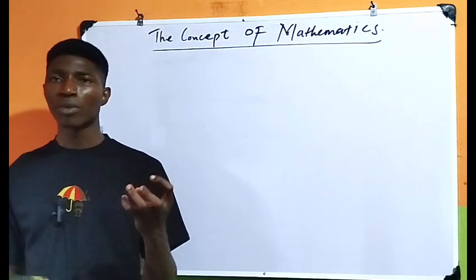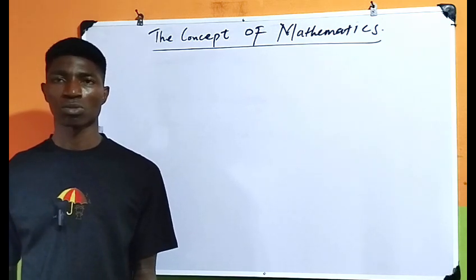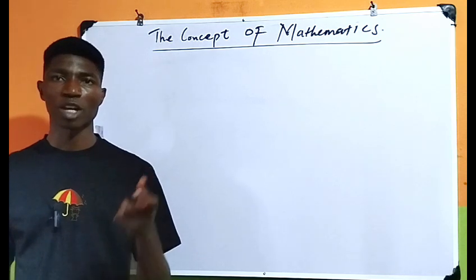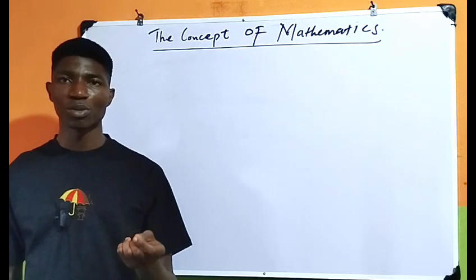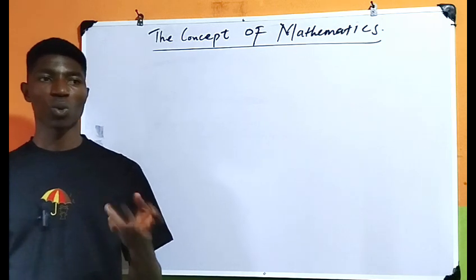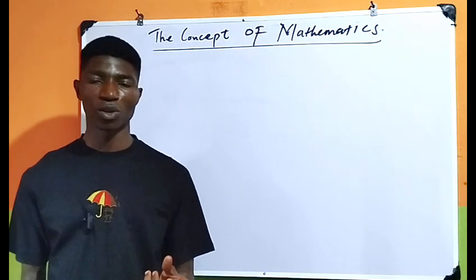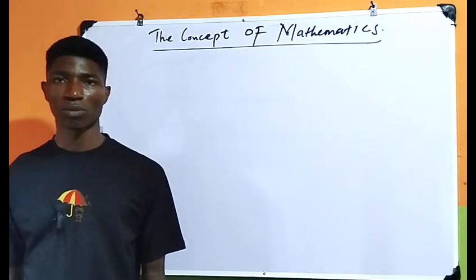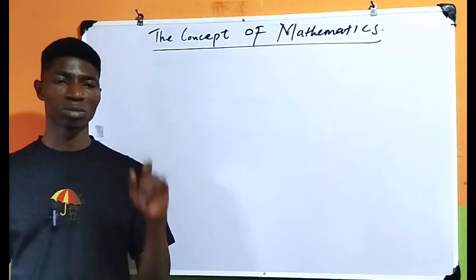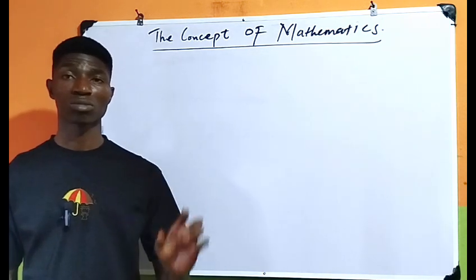They are remembering their past failures, remembering what happened to them, their scores, how they were flogged or queried or scolded or beaten in class because of failure in mathematics. Because of that, some students will conclude that as for maths, I am done. I'm done with maths.